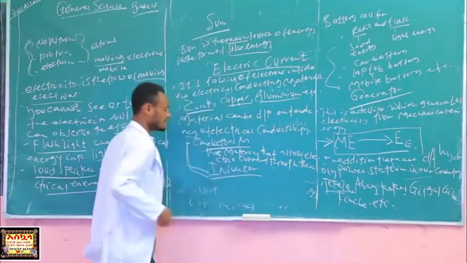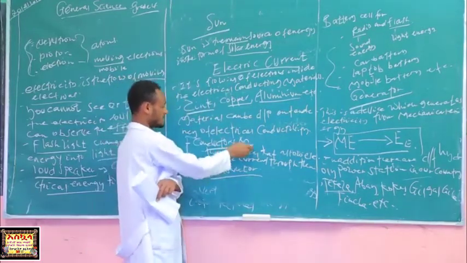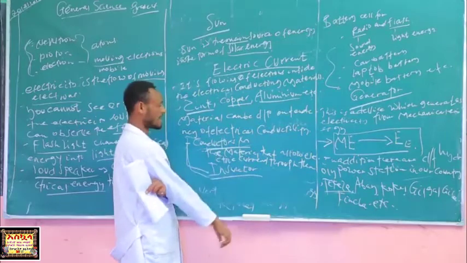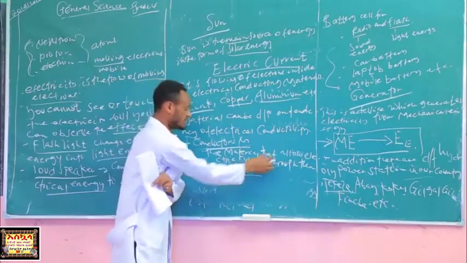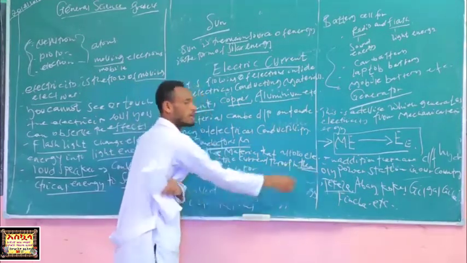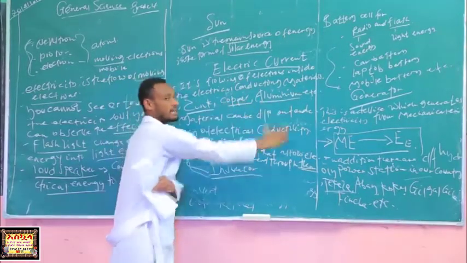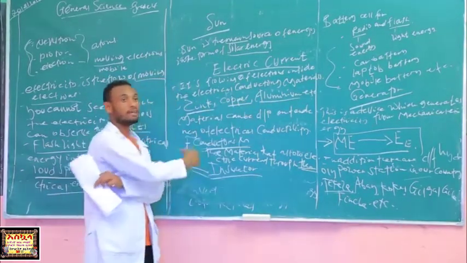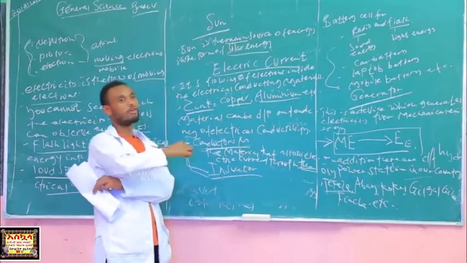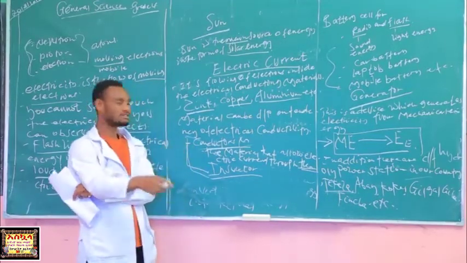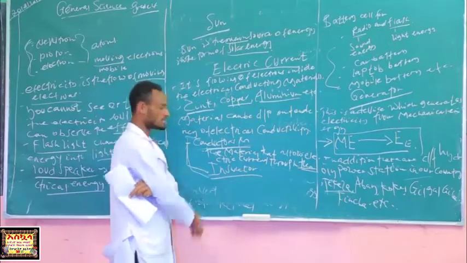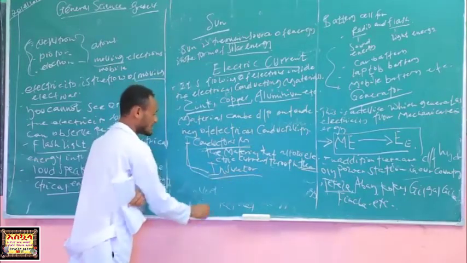This means that conductor materials allow electric current to flow through them, like copper, zinc, and aluminum. The last one is insulator.